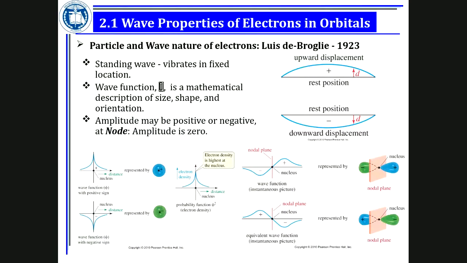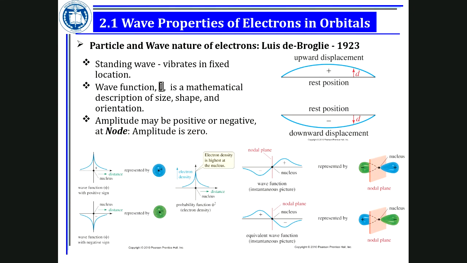And where the electrons are housed, what is the place that electrons are in? That is called an orbital, right? Orbitals are going to overlap with one another.